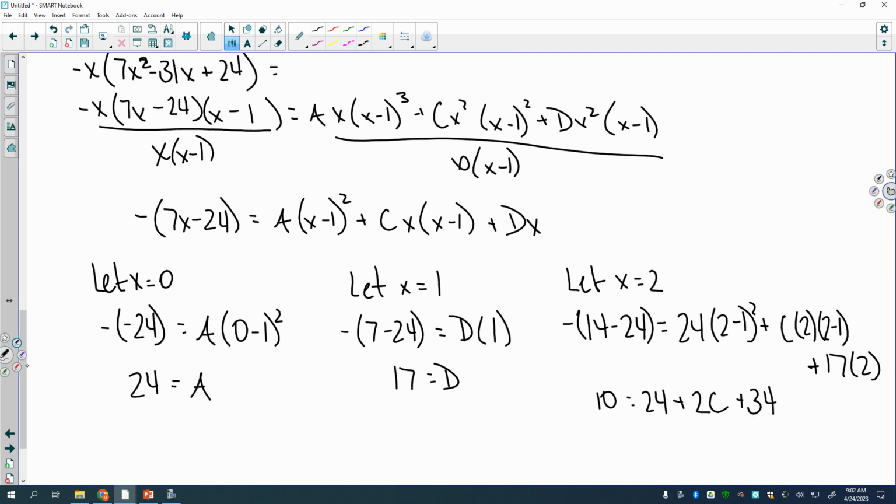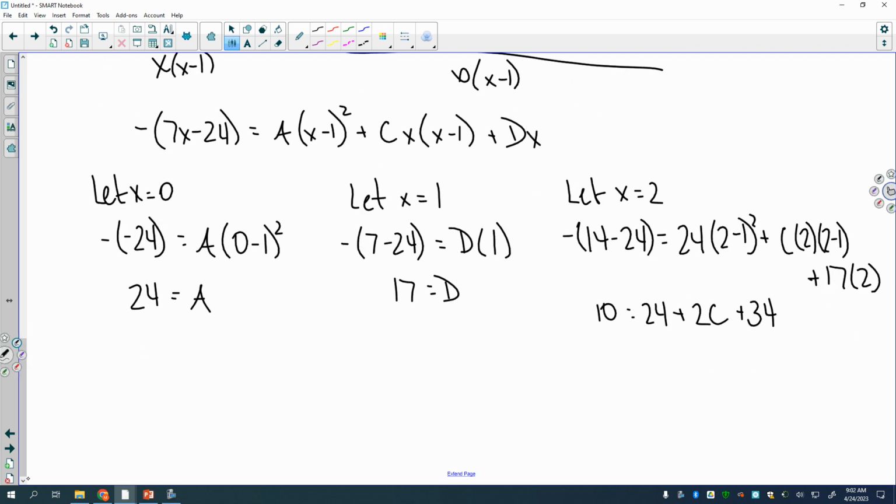So that's 34. And that's because when I divided by an x, I should have canceled out up there, and I forgot. 58 plus 2c, negative 48. And then c is equal to negative 24.